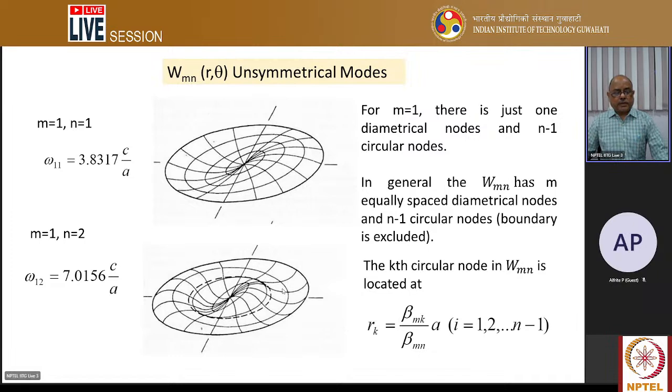Now here for m equal to 1, n equal to 2, we can locate the circular node by this ratio, that is 3.8317 divided by 7.0156. So the circular node is located at a distance of approximately 0.55.